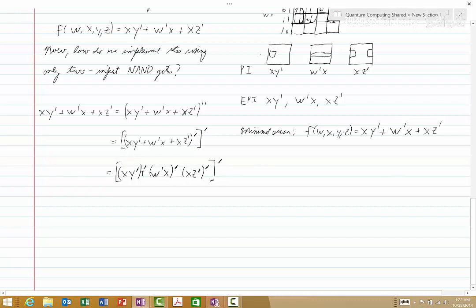But how do we implement this? Because this is three terms that we want to NAND together, but we're supposed to use only 2 input NAND gates. Well, if we're thinking about Toffoli gates, we know that Toffoli can be used for either AND or NAND very readily.